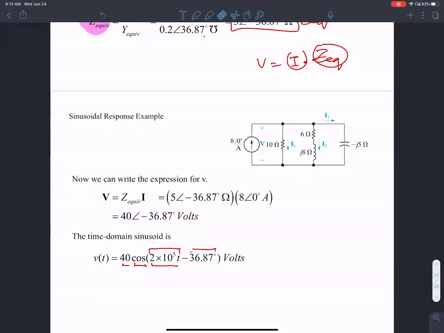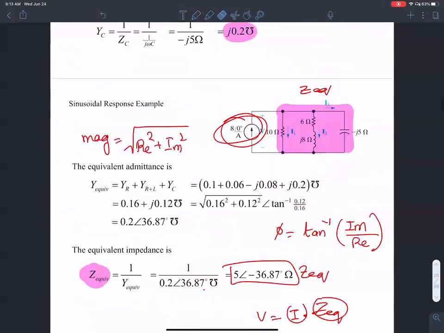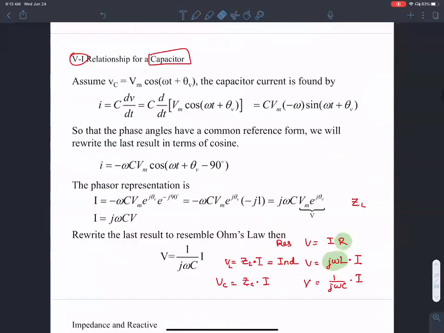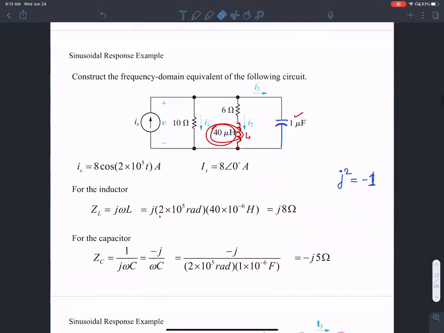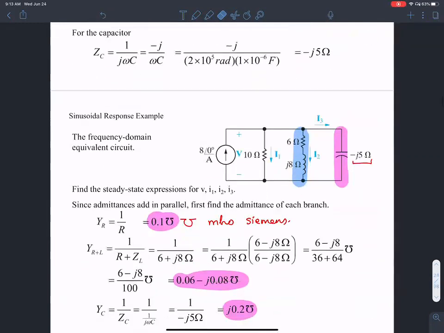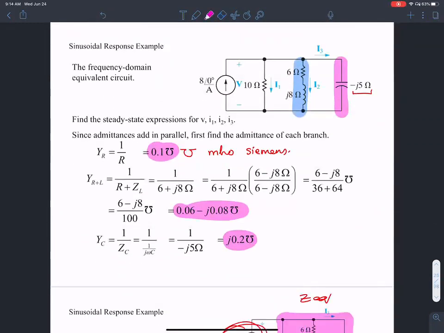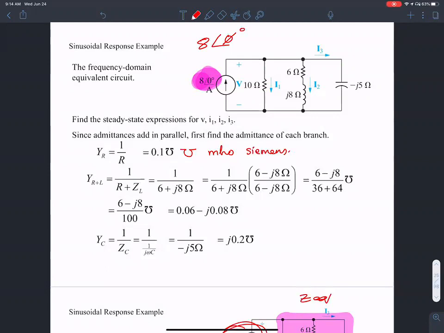So if you think about it, all we have done is start with the input amplitude, the amplitude of the current, and the phase is 0. 8 angle 0 is given to be the input.